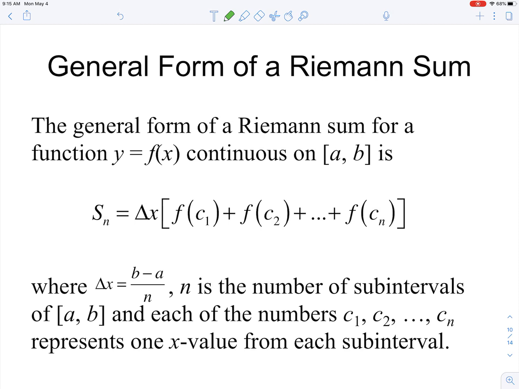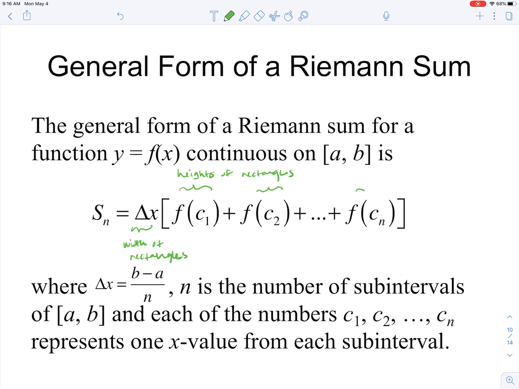This leads us to the general form of a Riemann sum. So the general form of a Riemann sum for a function f of x, which is continuous on the interval from a to b, is this. So this should look very familiar. Delta x, which is the width of each rectangle, and then f of c sub 1 plus f of c sub 2 plus f of c sub 3.